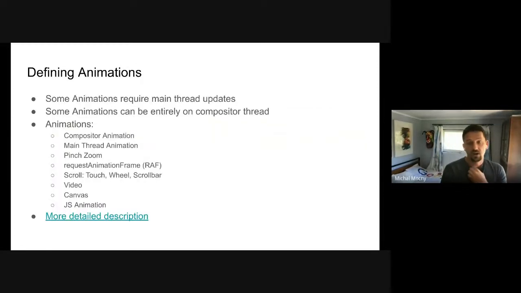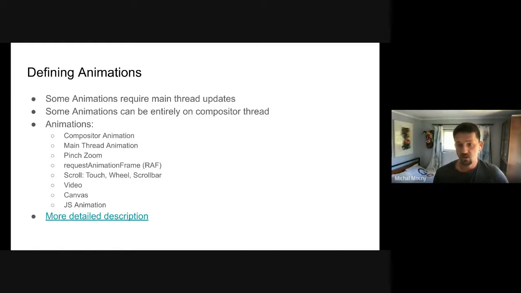Okay, so at the start, I said there are two tasks at least just to get started. The first was identifying animation frames, and that's what we just talked about. But the second is identifying expected animation updates. That's because, as I said, a missed frame with no update, we don't really consider a jank. Some animations are obvious and easy to define, such as scrolling or CSS animations.